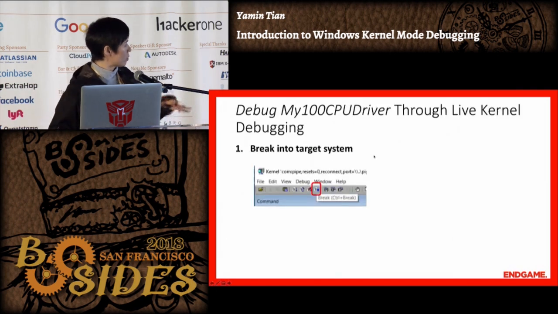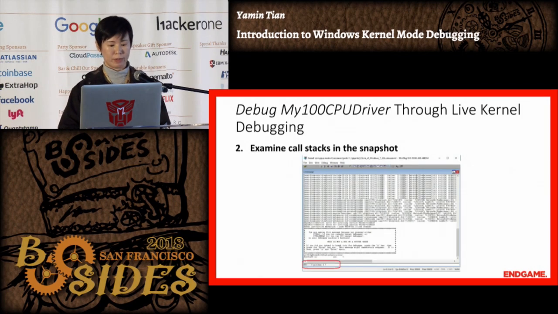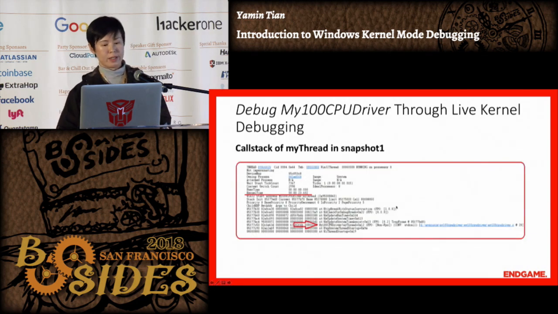I can take you through the example that I created. My example has a 100% CPU problem. I'll go through this example really quickly because the detailed content is online in the blog post. I connect the WinDbg debugger and break into it to get a snapshot. And then I get the call stack of my driver.